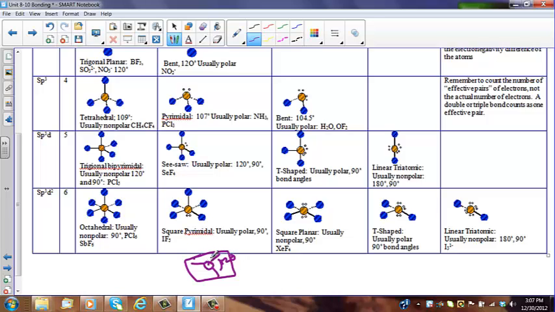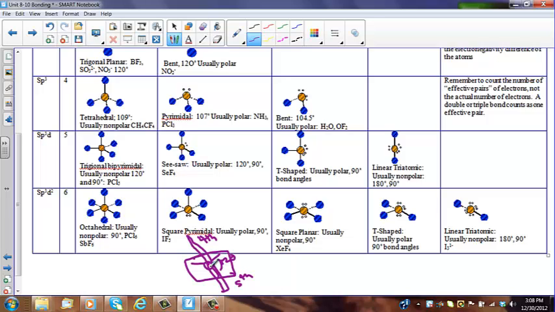This is your central atom. Now, if you were to take your pencil and stick it up through the bottom and out the top, here's your pencil, terrible pencil. Anyway, this would be your fourth atom up here, and then your fifth atom down here.